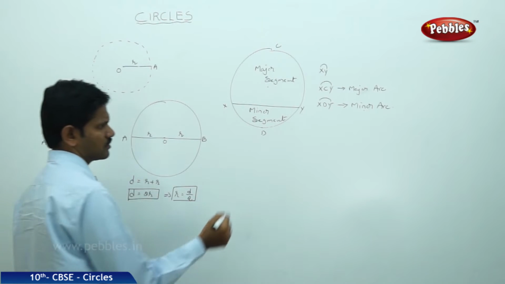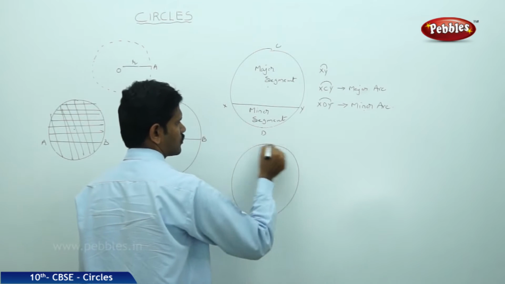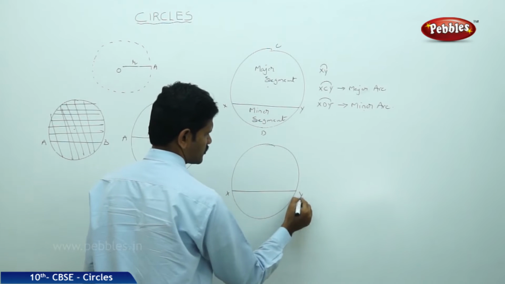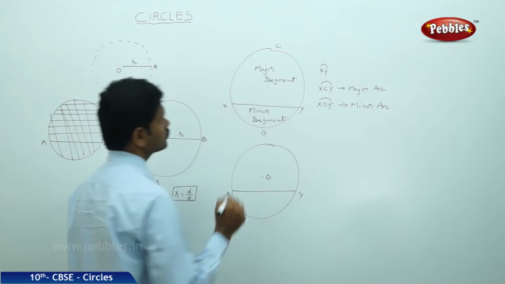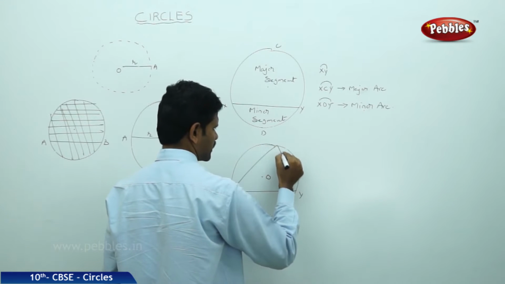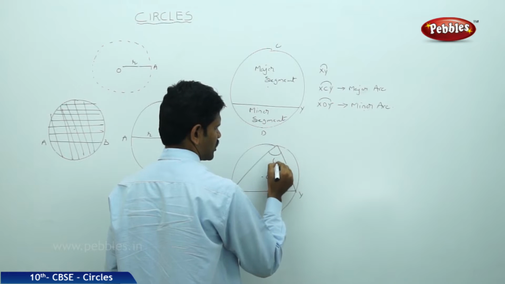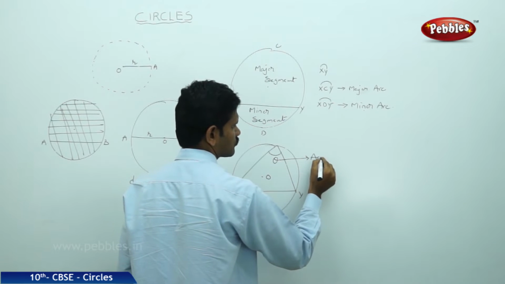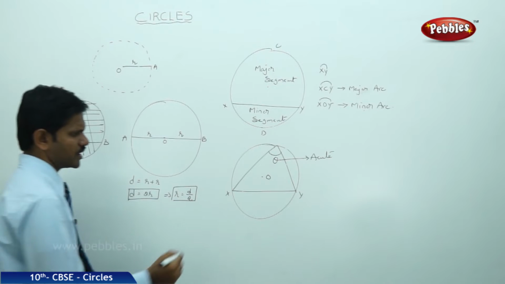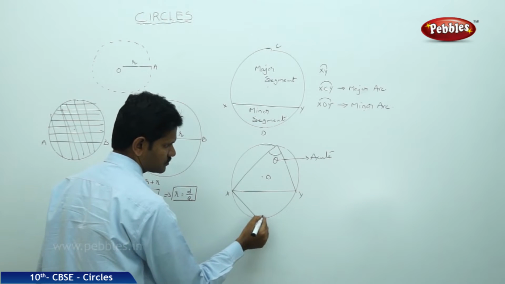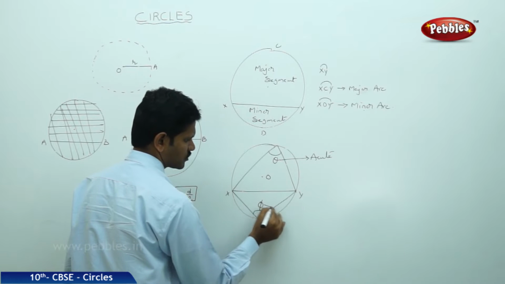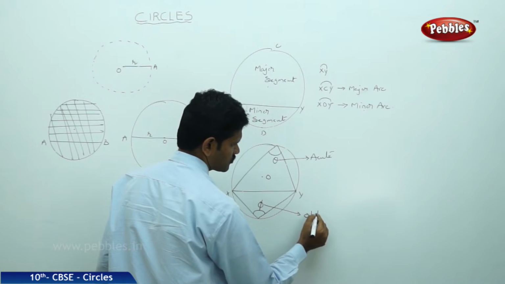Next, XY, with center O. Angle in the major segment is acute, and angle in the minor segment is obtuse.